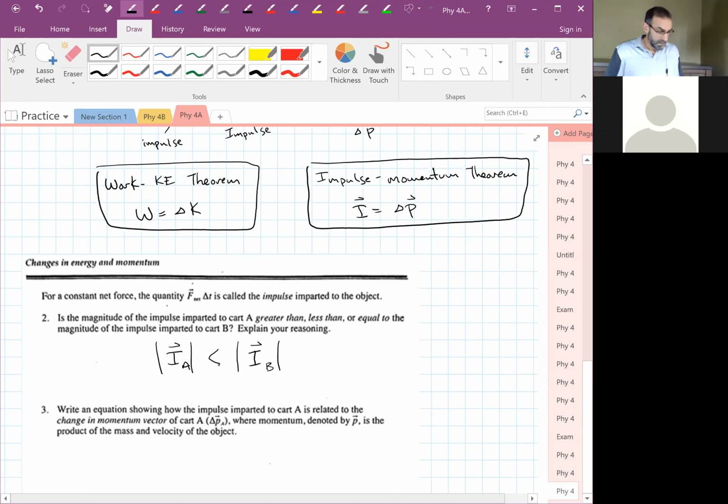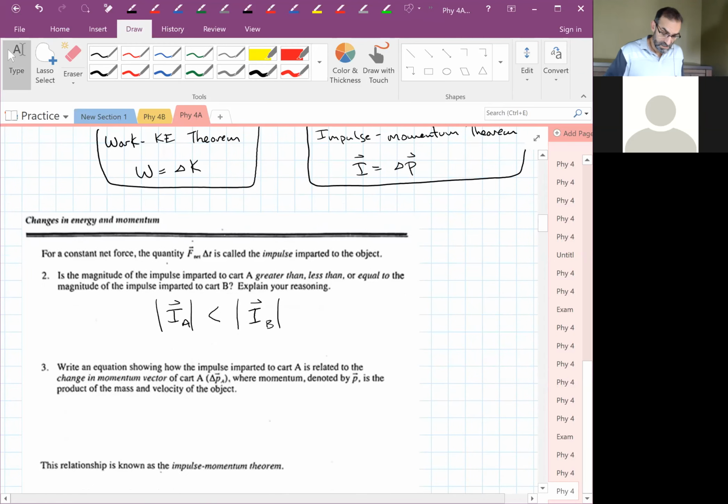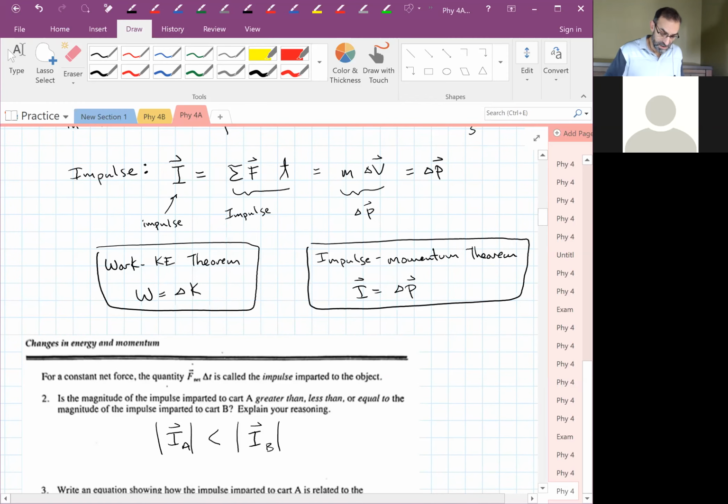Okay. Now it says, write an equation showing how the impulse imparted to A is related to the change in momentum. Okay, I think we've got that already, right? Impulse equals change in momentum.